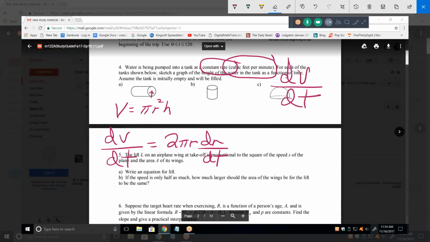Okay. R and H are not related. We haven't been told their relationship, so they're definitely two different variables. So if I did use the product rule, let's go back and use the product rule here.